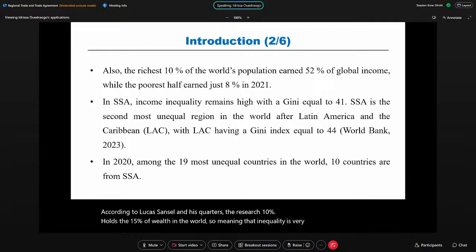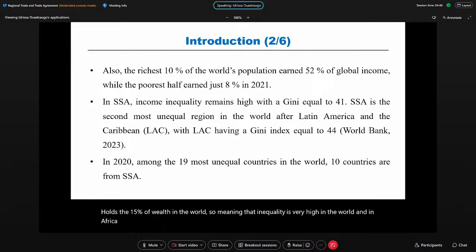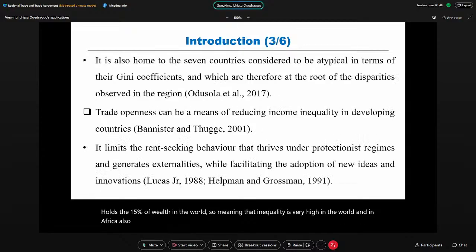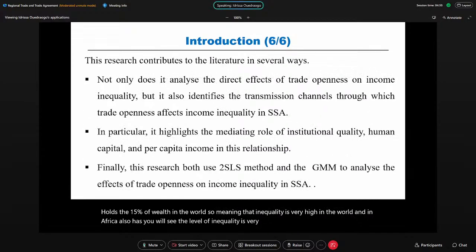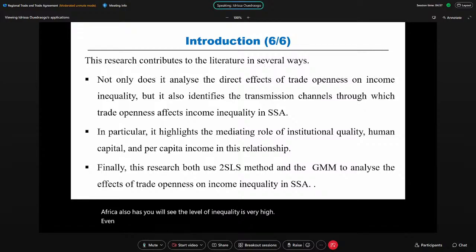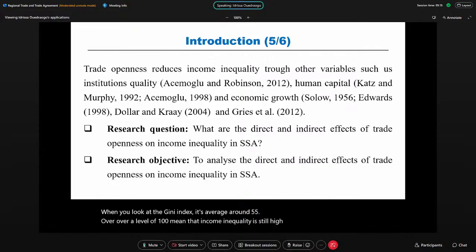And in Africa also, as we will see, the level of inequality is very high. Even though it's decreasing, when you look at the Gini index, it averages around 55 over a scale of 100, meaning that income inequality is still high in Africa.